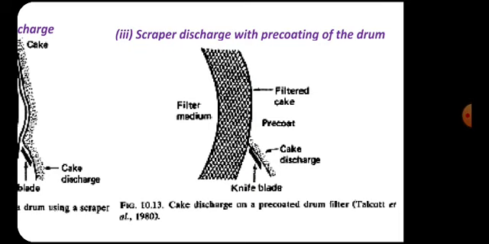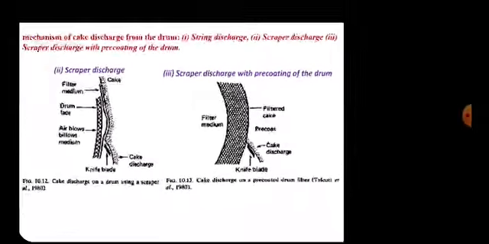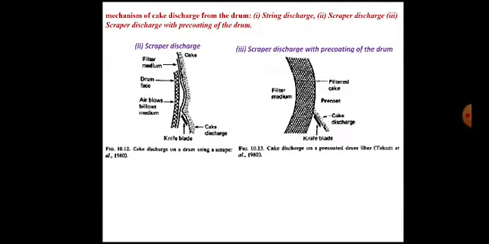So whatever impurities and solids are trapped in the diatomaceous earth can be scraped by this knife blade while the drum is continuously rotating. This is how the resistance to flow can be avoided, and the rate of filtration can be improved by using this type of technique.